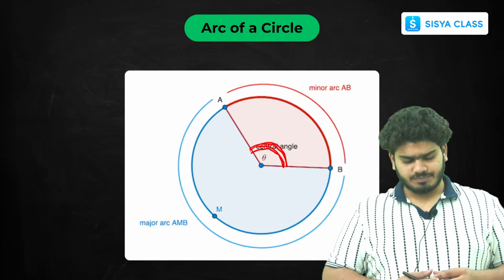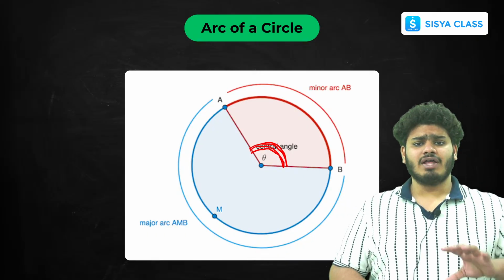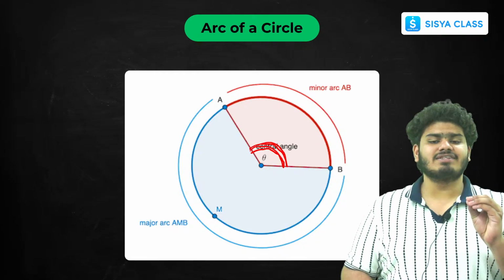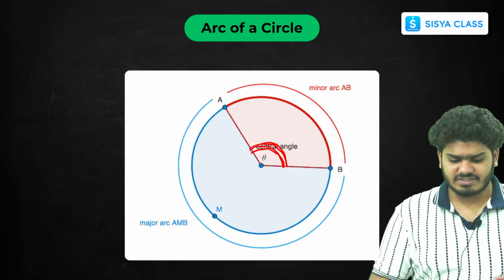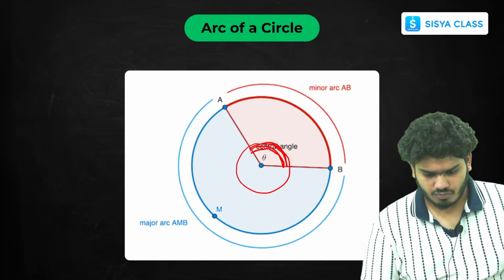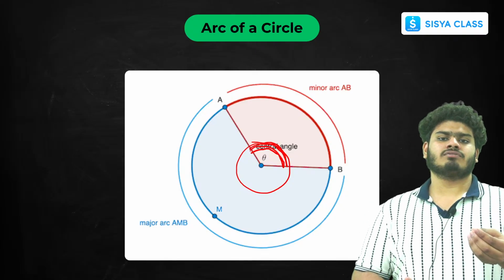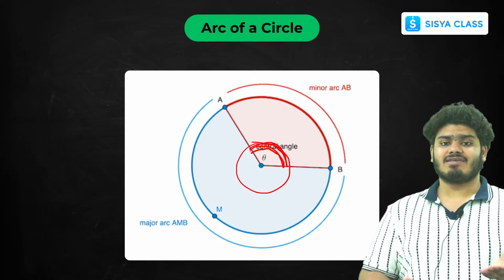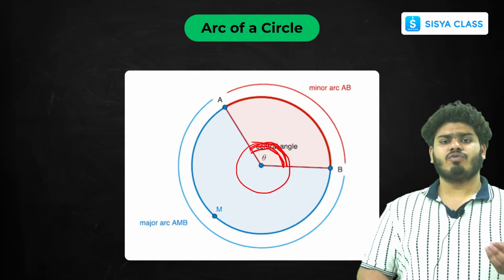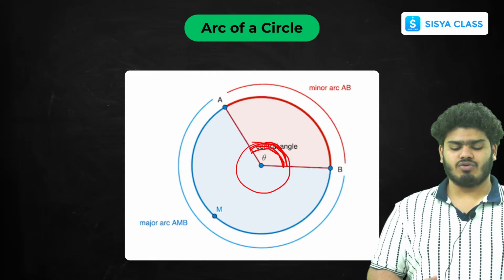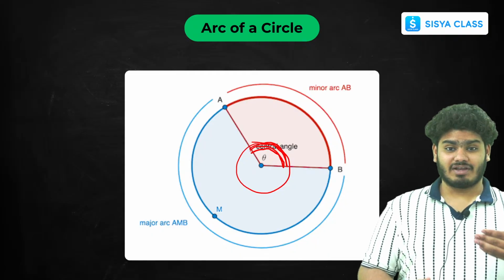Why? Because we already know that the complete angle of a circle is 360 degrees, right? We already learned in data handling where we used pie charts, where we used the formula of sectors, right?